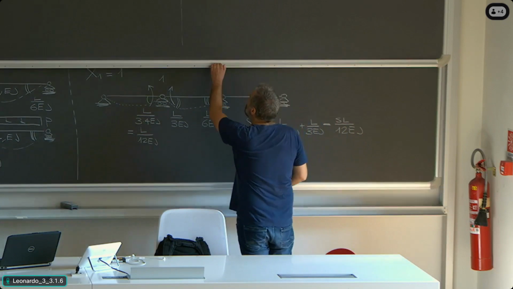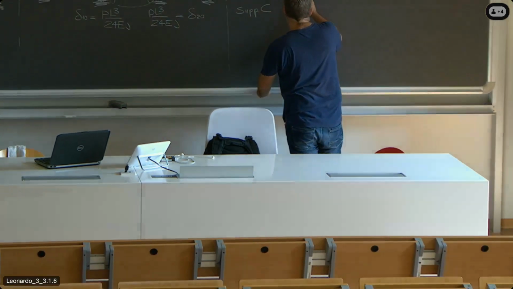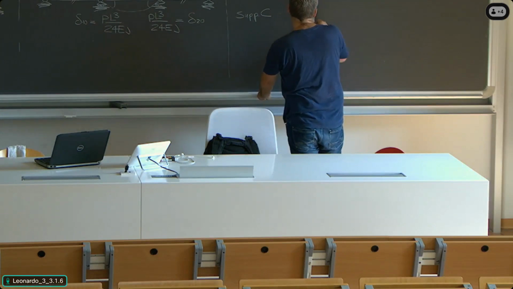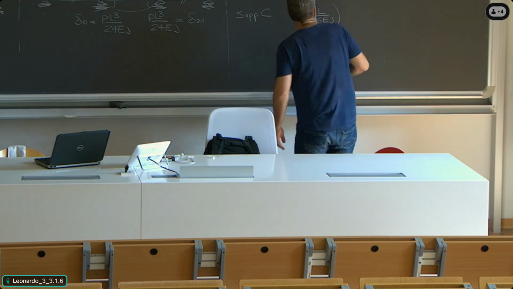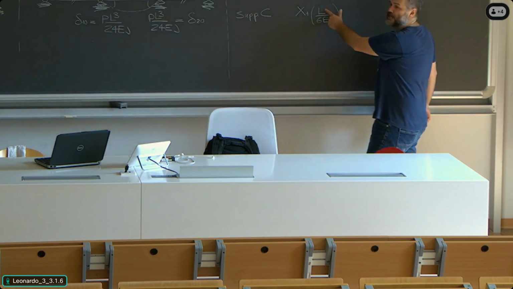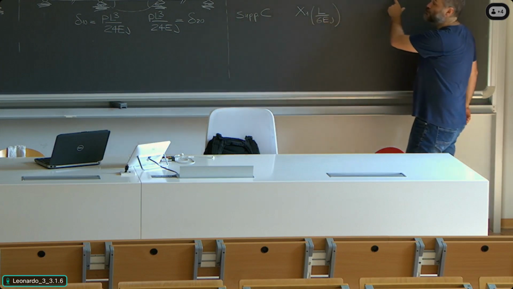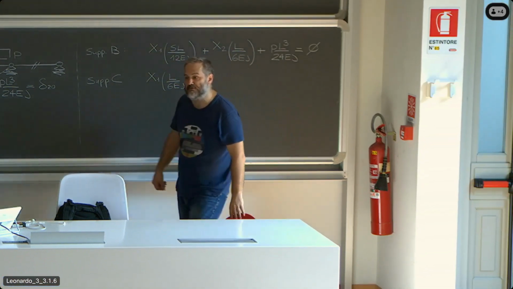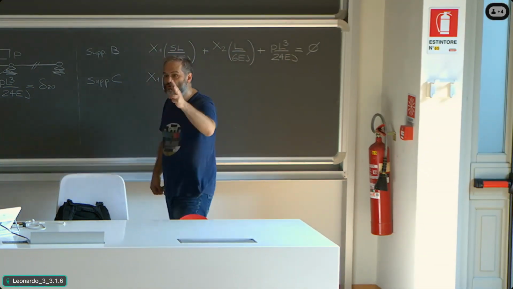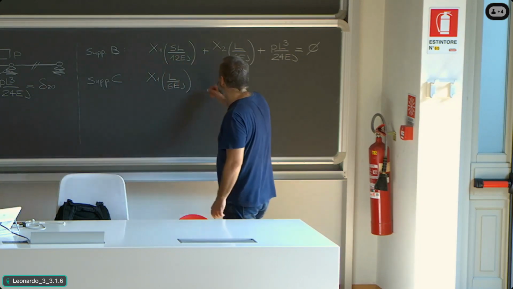So what I'm writing here is x1 times L over 6 EJ. And the fact that the coefficient in the second equation relative to x1 is the same as the coefficient in the first equation relative to x2 is good. This always happens when you apply the force method. The mutual coefficients, as we say, must be the same.